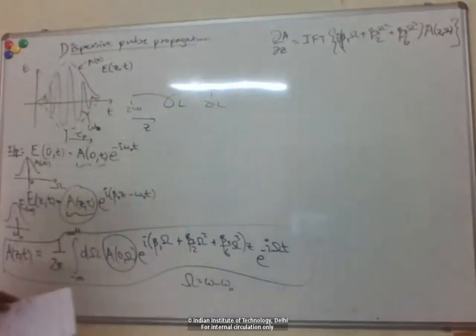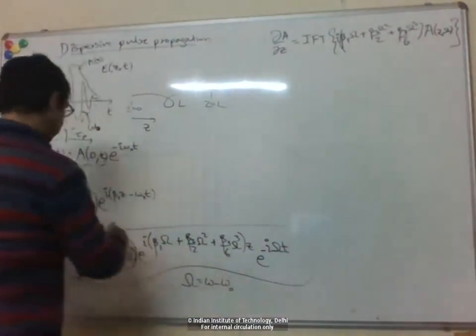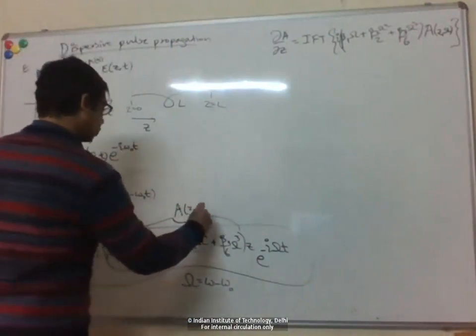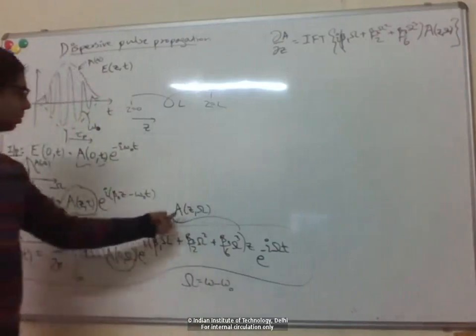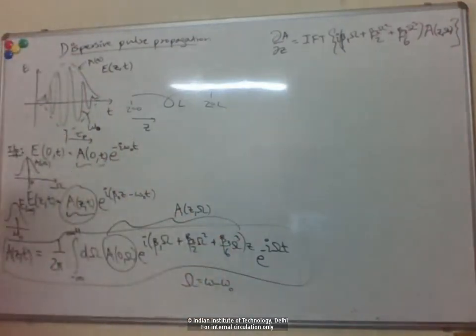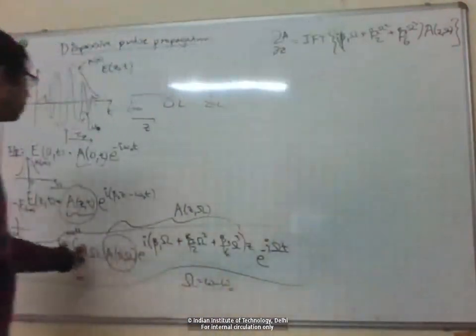So this complete thing will remain, right? So this is basically A(z, omega), the spectrum of the amplitude at distance z. So that's what it is. And this factor just comes out front.